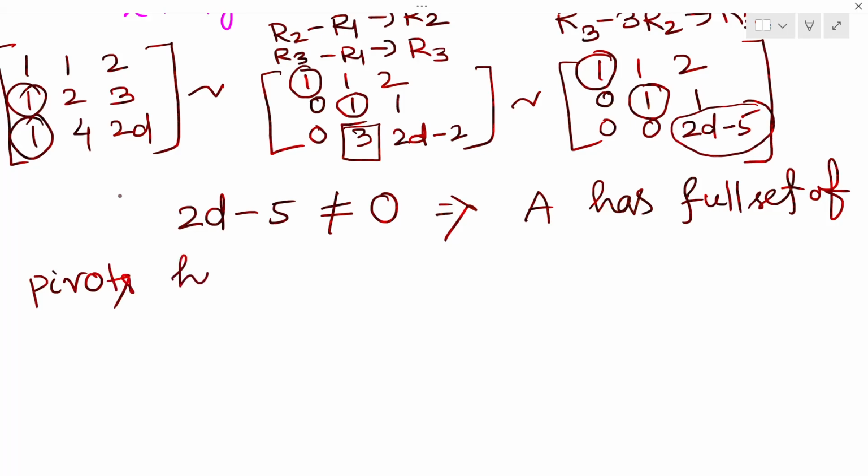Hence unique solution. Hence for D not equal to pi by 2, A has unique solution.